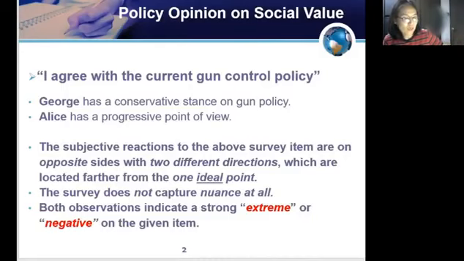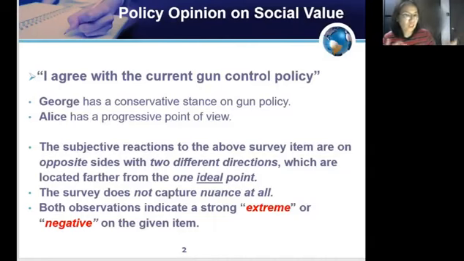So she believes that the nation must manage firearms more thoroughly. But even though they have totally different opinions, when they actually respond to the survey item, I agree with the gun control policy, they strongly disagree for two different reasons.